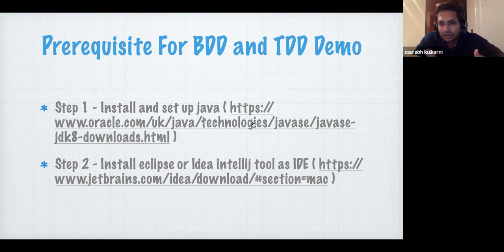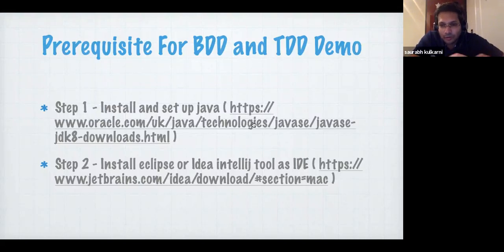We'll put that in the comments in the description of the video. Also, you will need a programming tool to write the program so that you can achieve TDD and BDD. You can use any of the tools that you want, but in this video I'm using IntelliJ IDEA. You can use other tools as well, like Eclipse, Visual Studio, and any of those.